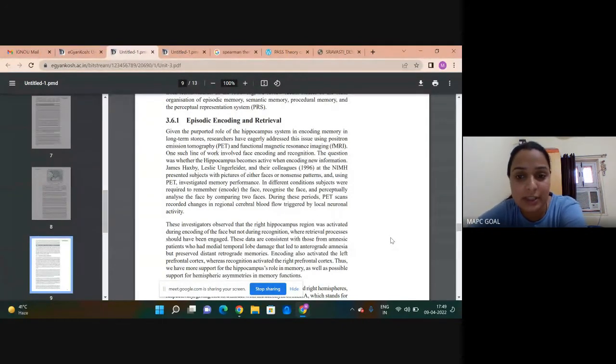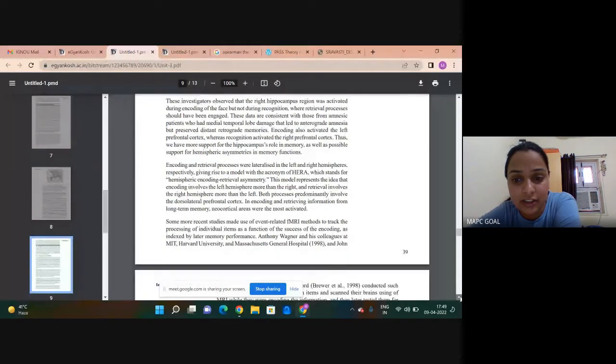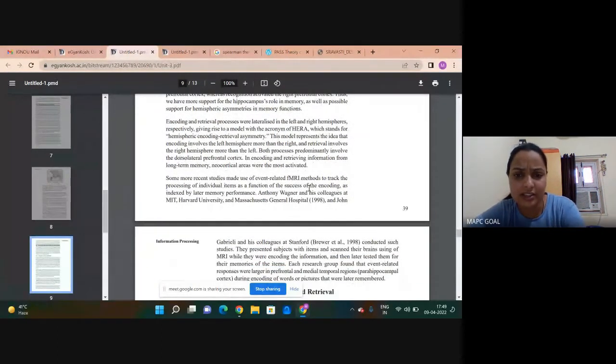All this was studied by PET scan. PET is one of the most important brain imaging instruments, which helps us understand different kinds of memory-related regions specifically. So these are all studies.